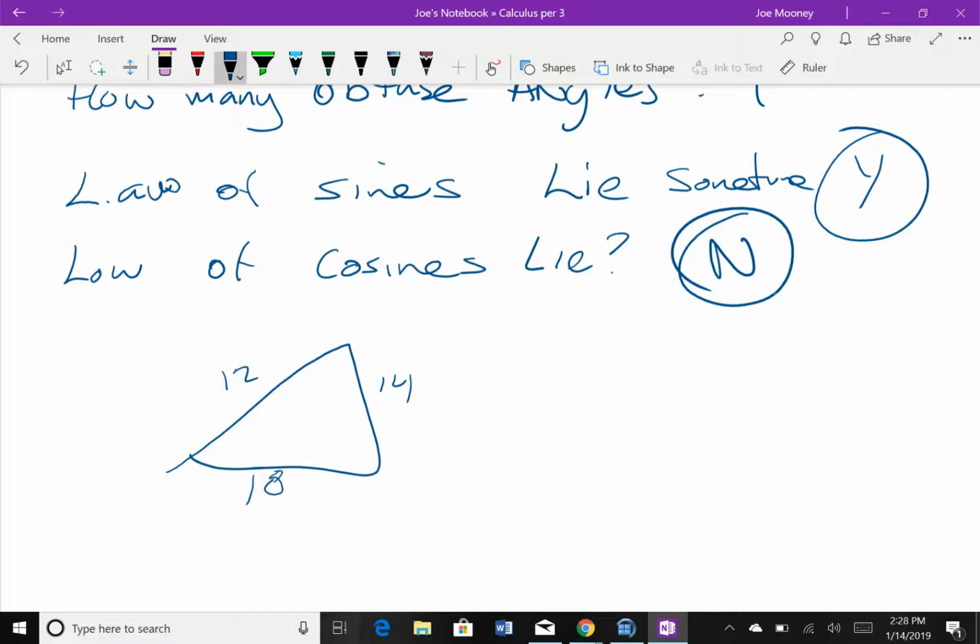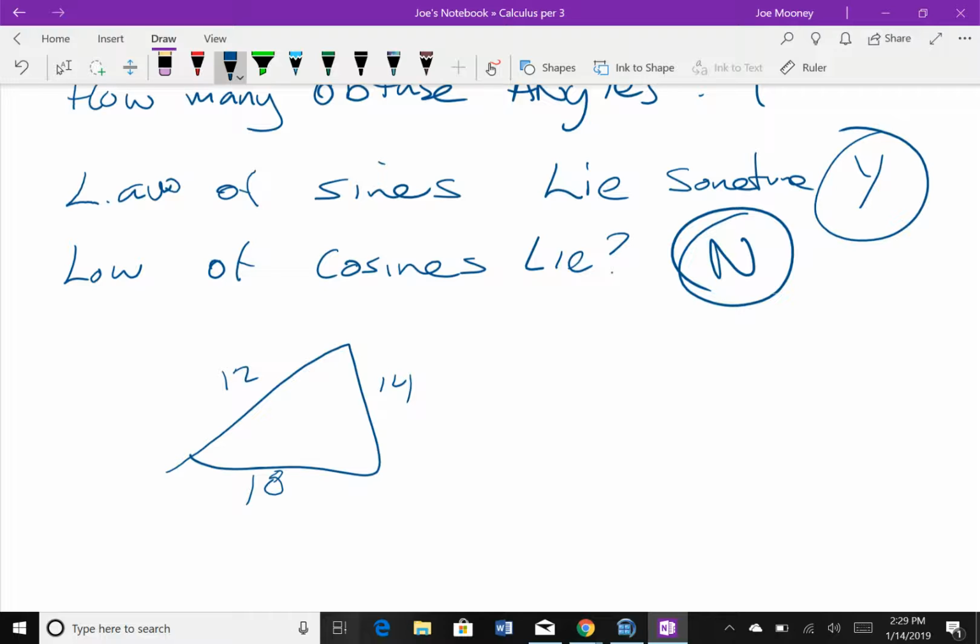Someone does the law of cosines opposite 14, and then they do the law of sines opposite 18. Then they don't know if they're being lied to or not, and they'll do 180 minus, and the numbers won't add up. Well, it will add up unless you do it wrong. But you won't know that you've made a mistake.